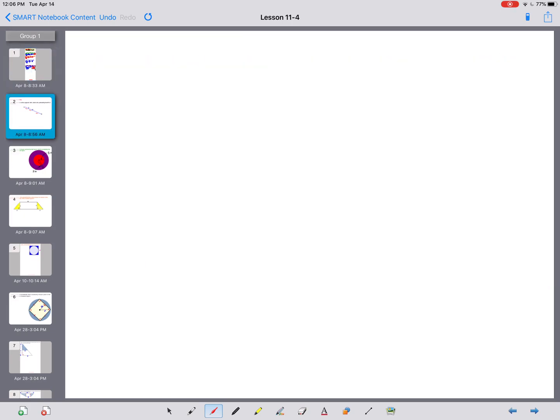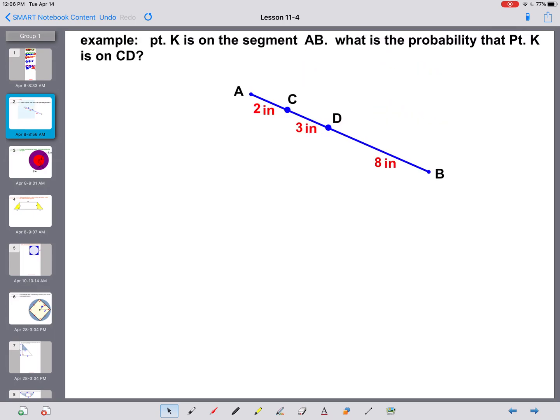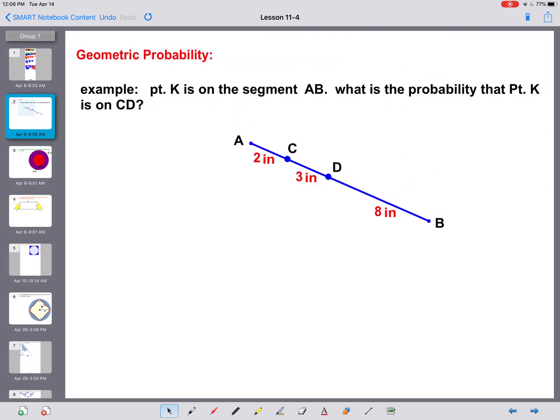Let's go to this one. Point K is somewhere on segment AB. What's the probability that point K is going to be on segment CD?